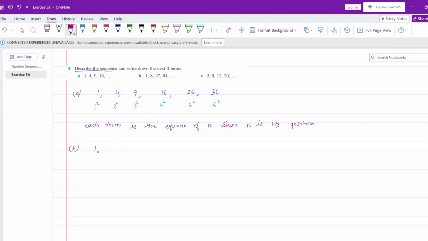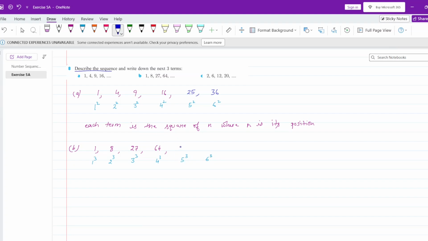B. 1, 8, 27, 64. Now similarly, we can see that this term is 1 cube, this is 2 cube, this is 3 cube, this is 4 cube. And similarly, we can say the next two terms are going to be 5 cube and 6 cube.